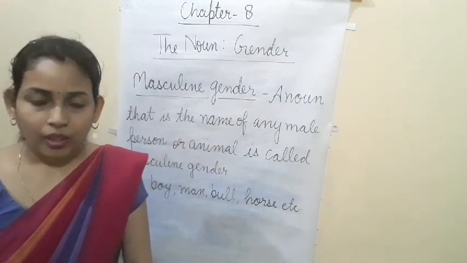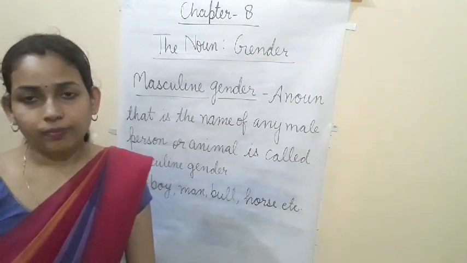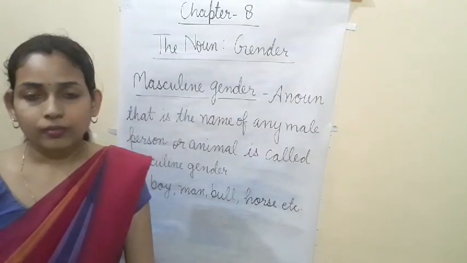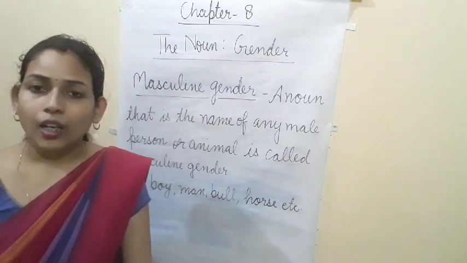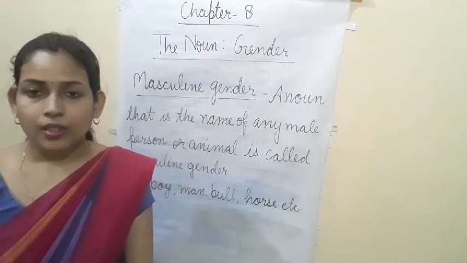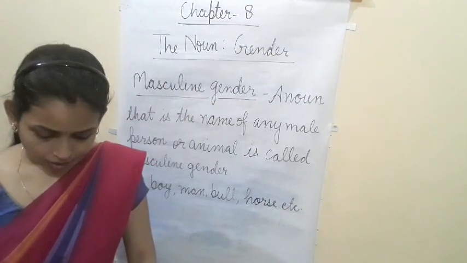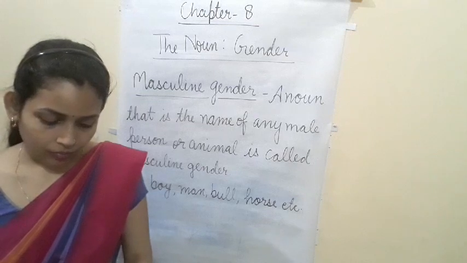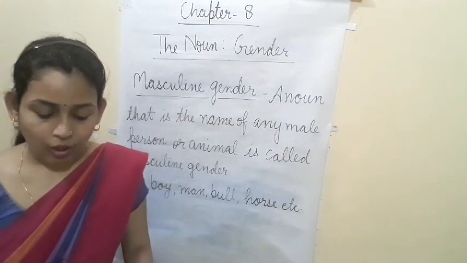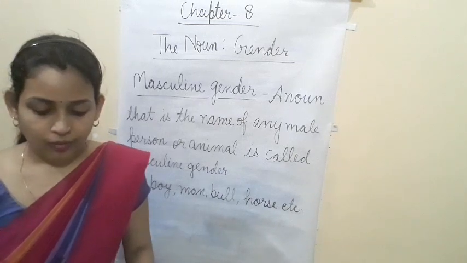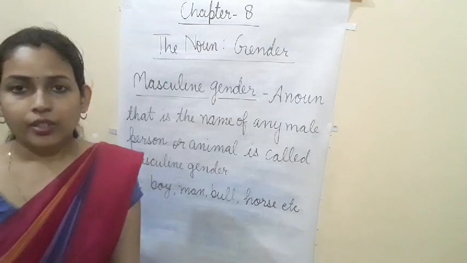Some examples I have written here: boy, man, bull, horse, uncle, brother, husband, king, nephew, dog, fox. All these are examples of masculine gender.